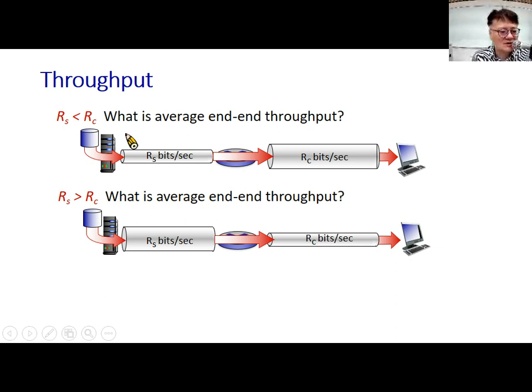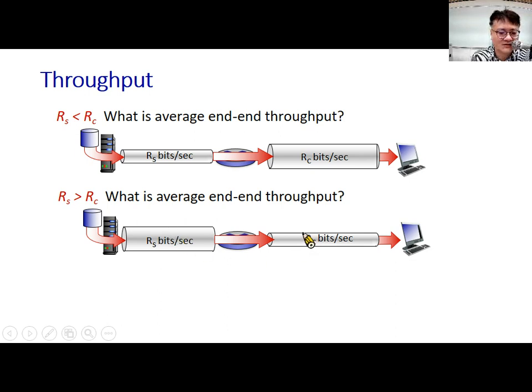And the other question is, if Rs is larger than Rc, where Rc is the thin pipe, is that possible? Yes, it should be possible, like a fiber from end to home, then to the router, then to the other computer. So Rs is the thick pipe and Rc is the small pipe. The flow goes from here to here, and Rs is larger than Rc.